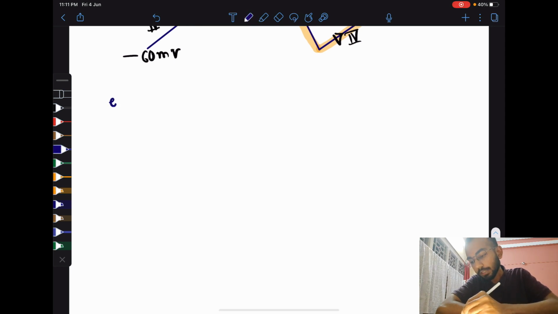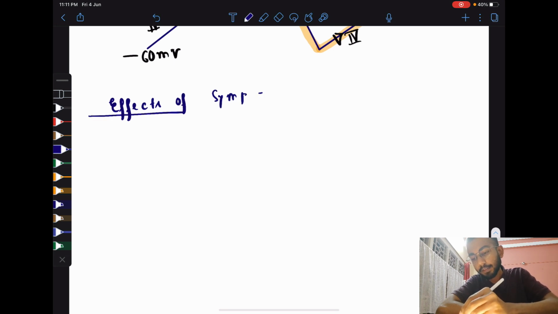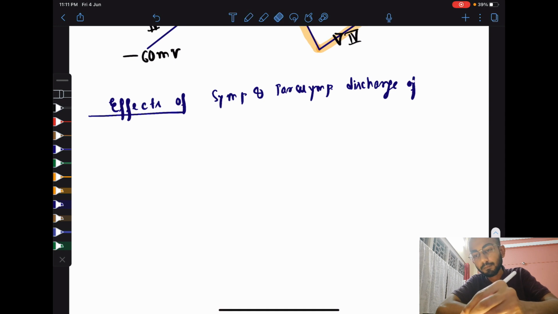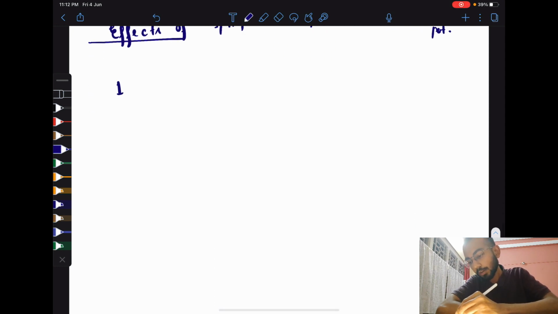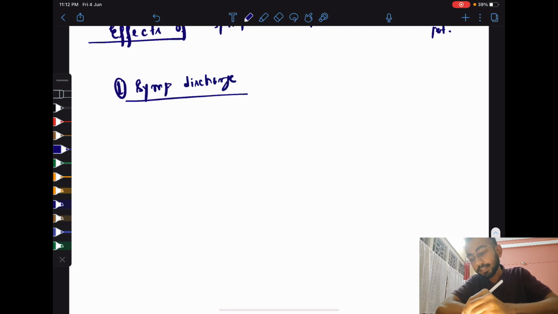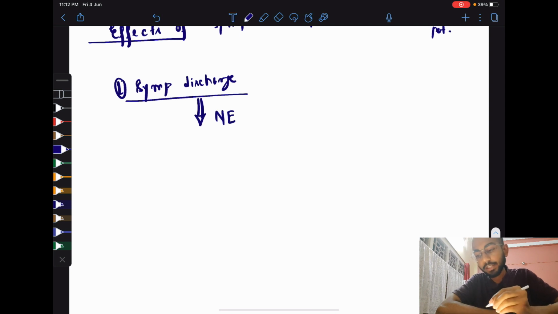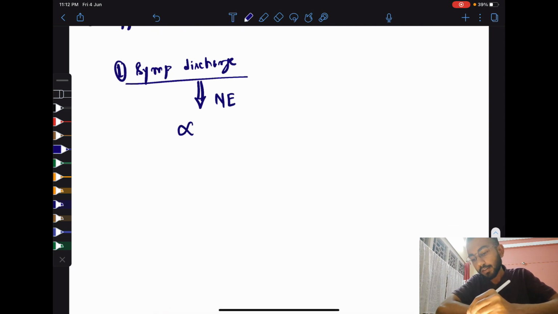Now let us talk about the effects of sympathetic and parasympathetic discharge on this pacemaker potential. Alright guys, so number 1, sympathetic discharge. Whenever the sympathetic discharge, that is the norepinephrine, will increase, in that particular case the beta receptor which is present in the SA node will get stimulated.